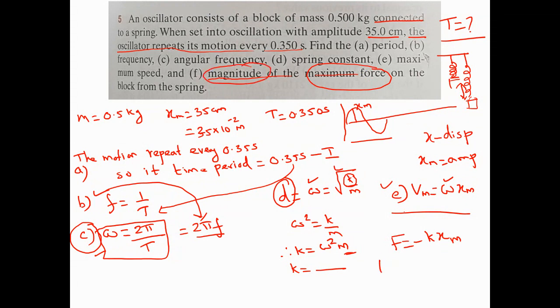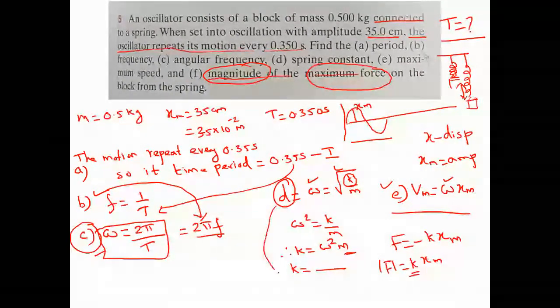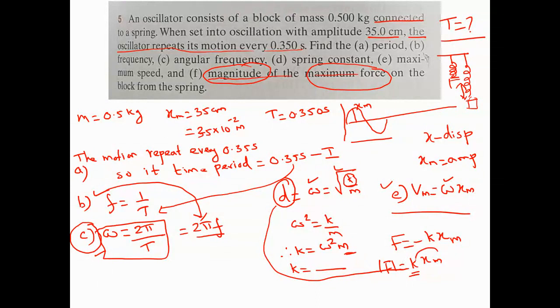So the force, negative becomes positive, is equal to k xm, and the k part I can take from the answer of D. I can substitute here. Xm is already given in the question. When you substitute, you will get the answer for the F question. All right? Am I right? Clear?